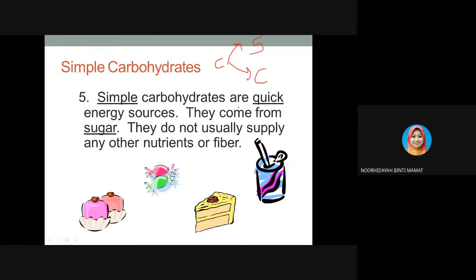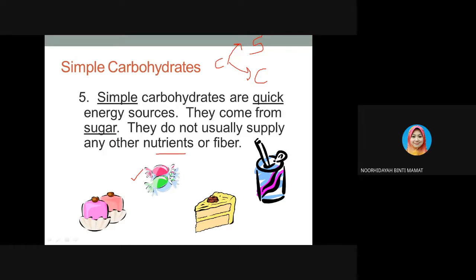The simple carbohydrates are quick energy sources. When you are too tired or really lack energy, you can easily eat sugar, because they are quick energy sources, and they come from sugar. And they do not usually supply any other nutrients or fiber.